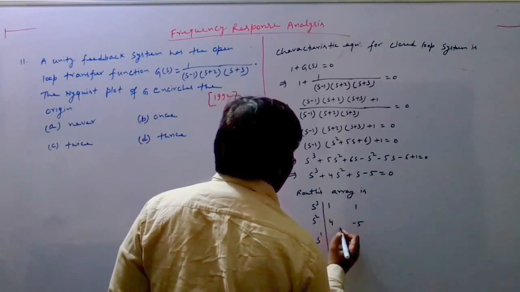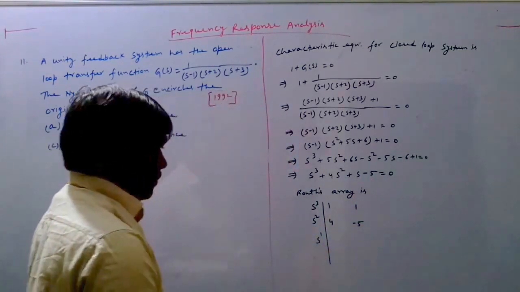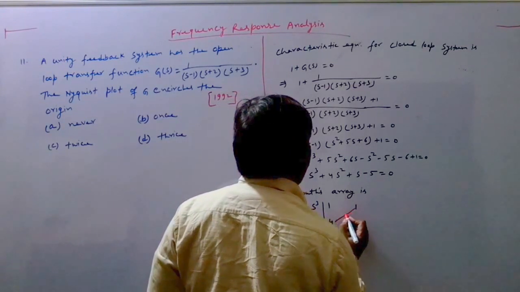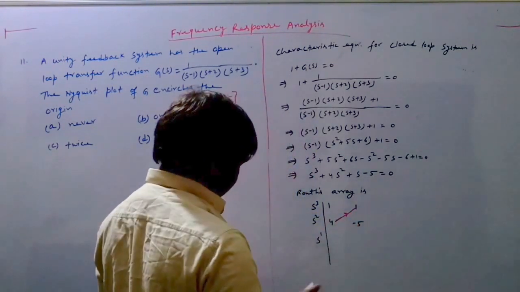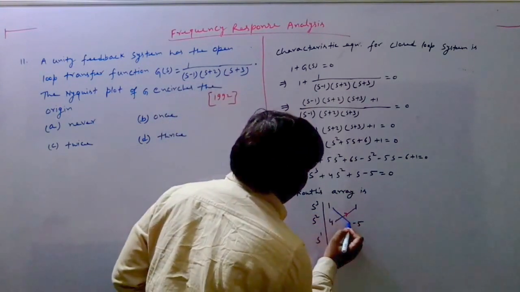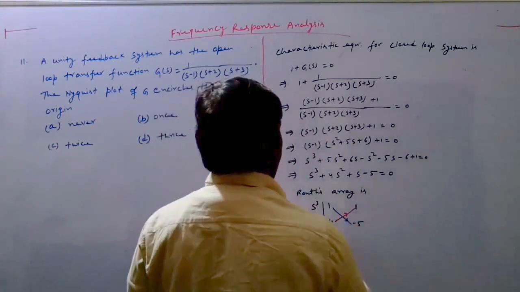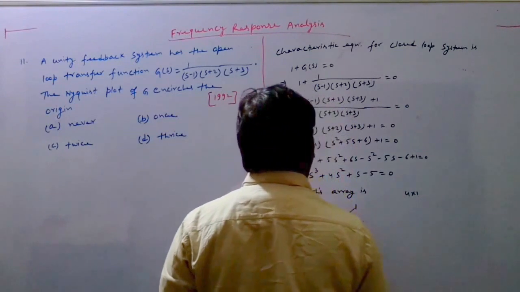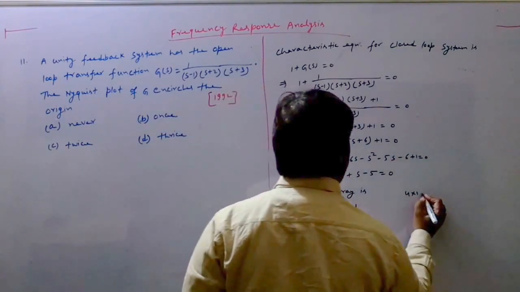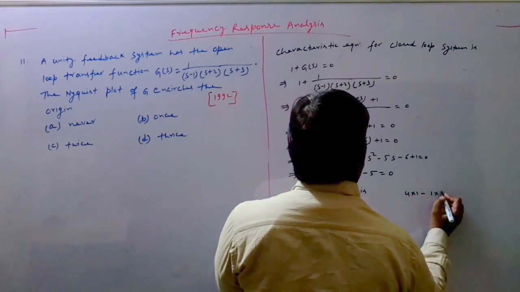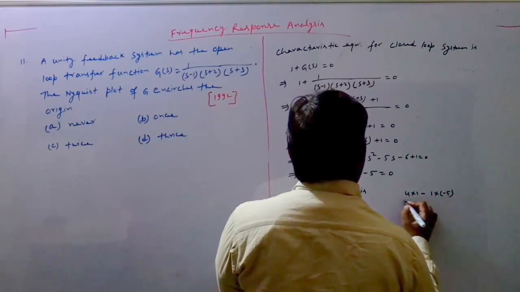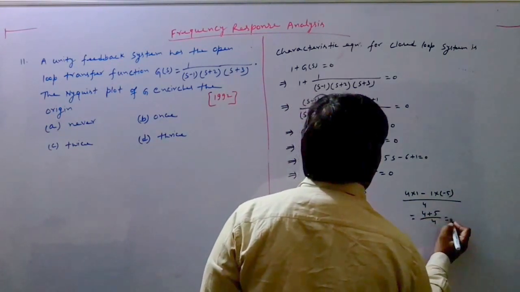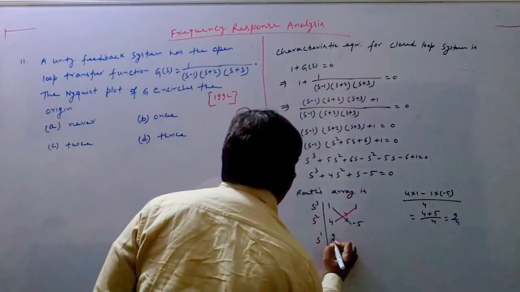Again, for s to the power 1, how will we do it? We multiply 4 by 1 minus 1 multiplied by minus 5, divided by 4. So how much will it come? 1 plus 5, so it will be 9 by 4.